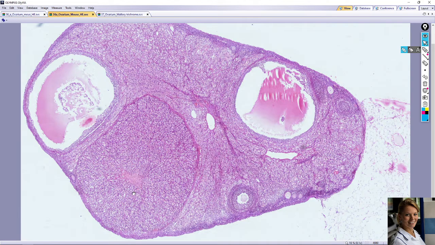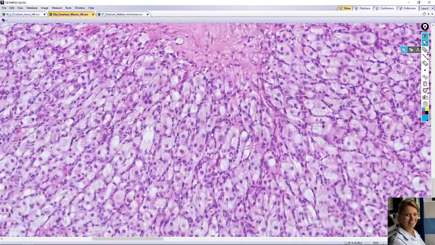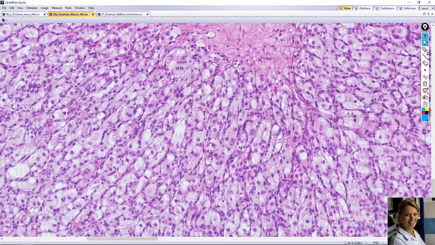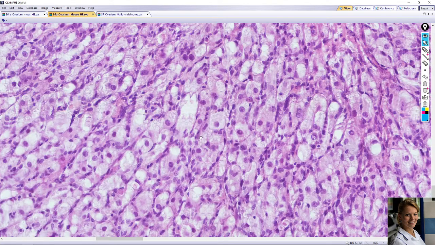The granulosa lutein cells are large, have a large vesicular nuclei and stain lightly owing to lipid inclusions. So these are the granulosa lutein cells.